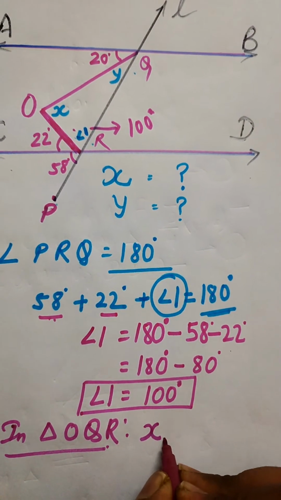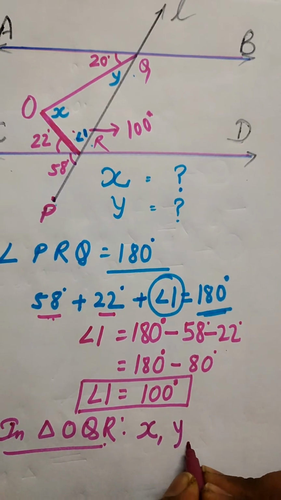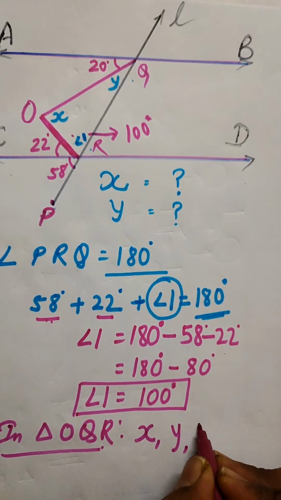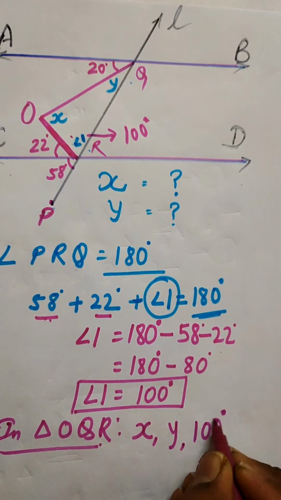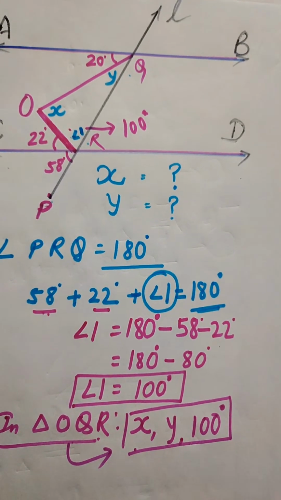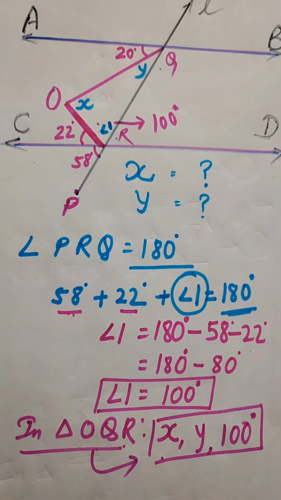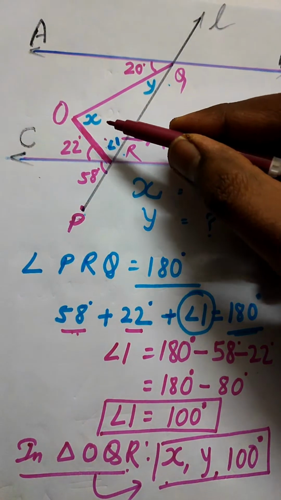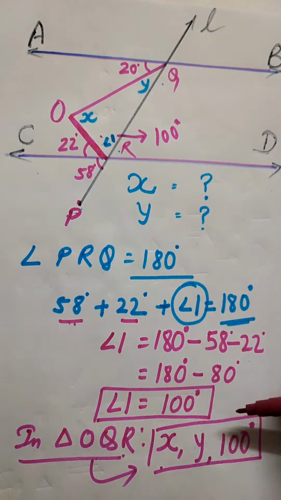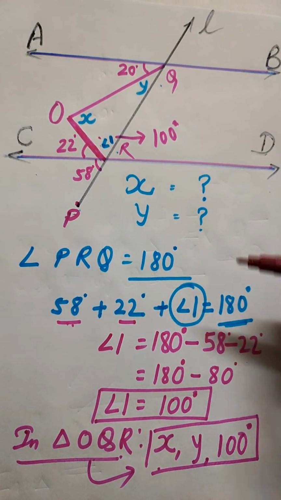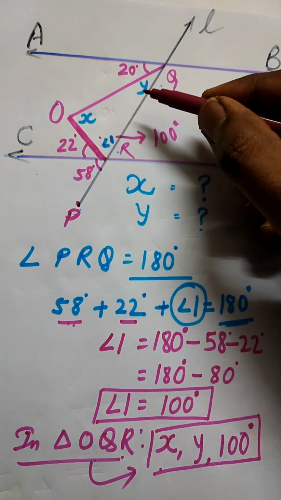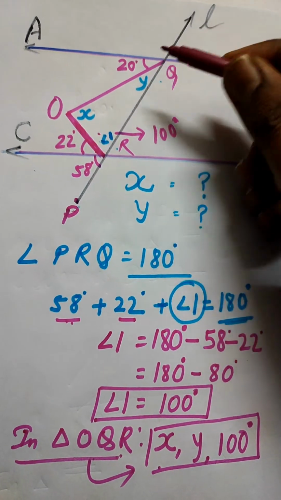One is x, then y, and then the third angle, angle 1, which is 100, which we have already calculated over here. So these three angles lie in triangle OQR, right? Here we have the value of angle 1 which we have calculated right now. And now after this, x and y are still two unknowns to us, right?